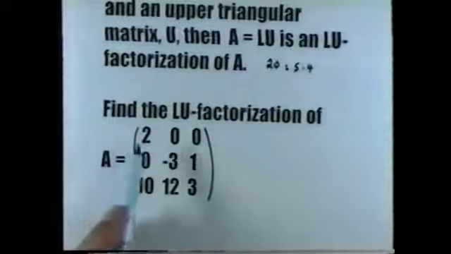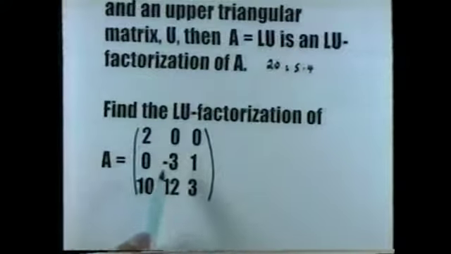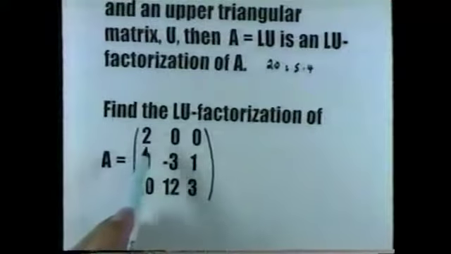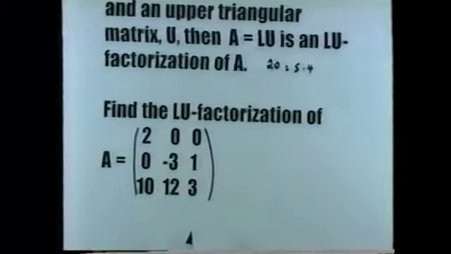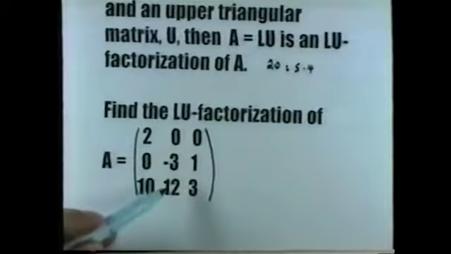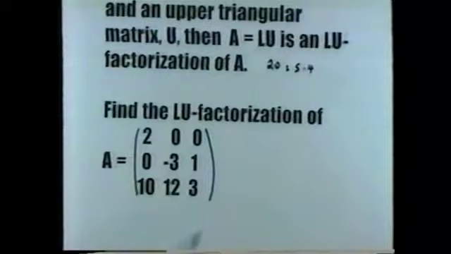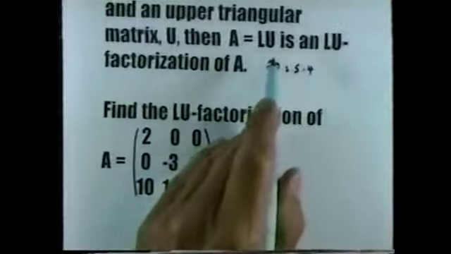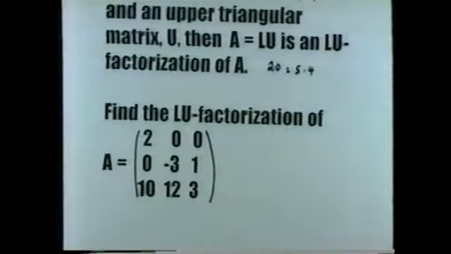So I want to write A as a lower triangular matrix times an upper triangular matrix. If I simply row reduce A so I have zeros below the diagonal, then I will have my U, my upper triangular matrix.